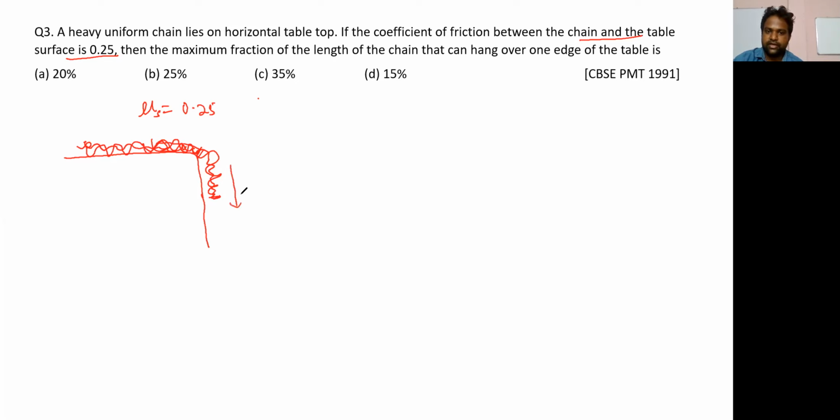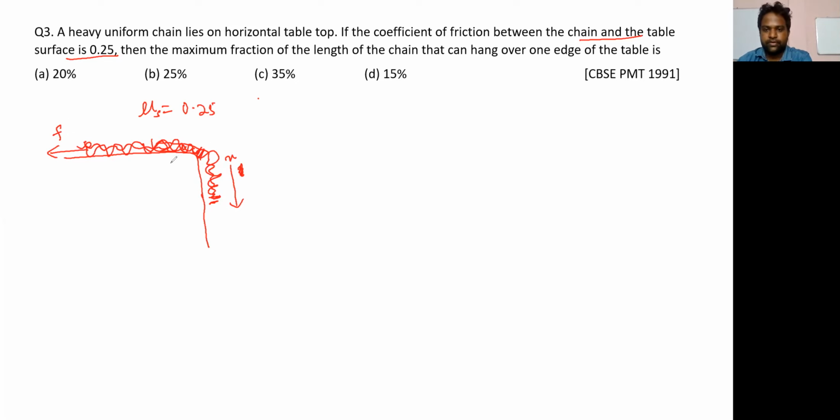Slowly it will slide and start falling down. It will start falling down. But the question is, what should be this length? Now let's say this length be x. So x length can hang over the edge without any motion or slide, because the friction will be in the opposite direction, so friction will not allow the chain to move or slide.